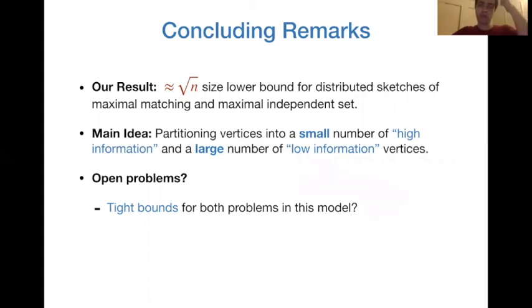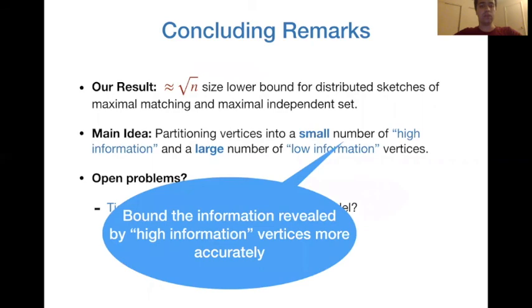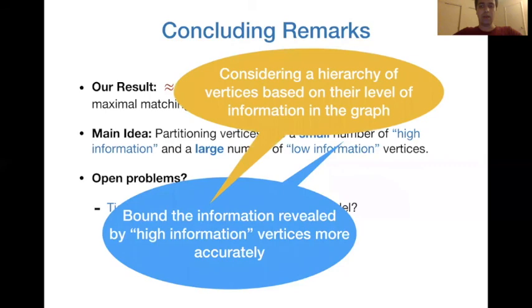An approach for making the lower bound stronger is to look at these highly informative vertices and try to bound the information revealed by them a bit more accurately. In fact, one good idea to try is to consider a hierarchy of vertices based on the information they reveal. For instance, on one end we have public vertices.